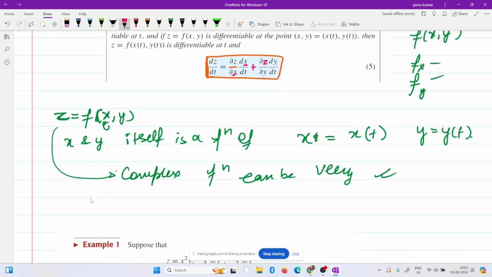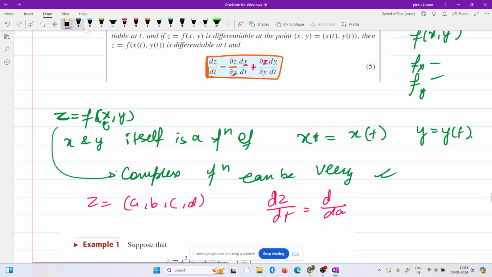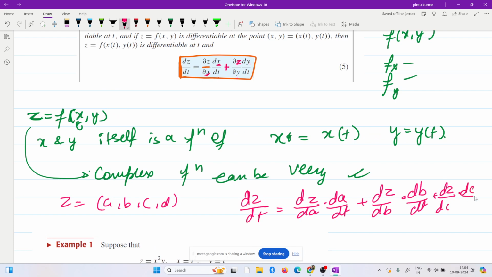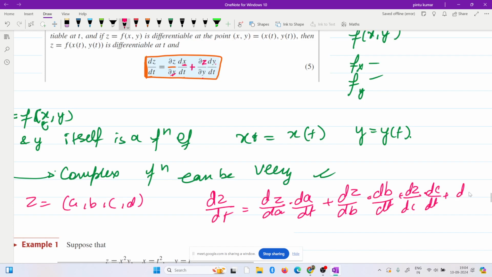For example, if z was a function of a, b, c, d, and all of a, b, c, d were functions of t, then dz by dt would be dz by da multiplied by da by dt, plus del z by del b multiplied by db by dt, plus dz by dc into dc by dt, plus dz by dd and dd by dt.